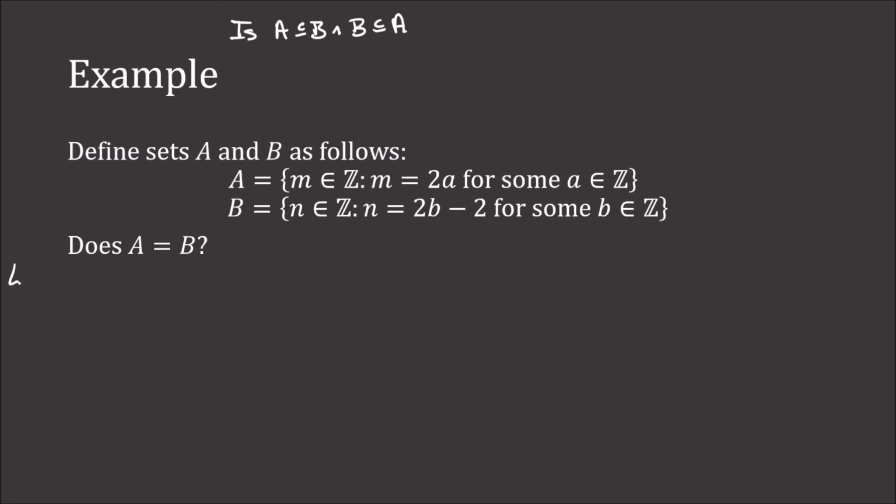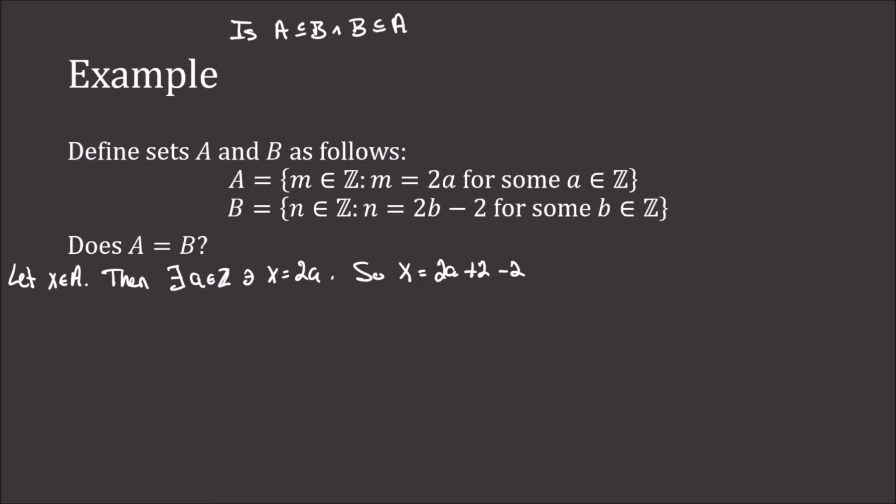So let x be an element of A. Then there exists an integer a such that x is equal to 2a. So we can say x is equal to 2a plus 2 minus 2. Right? All I'm doing here is adding 0. This is a very common mathematical trick.